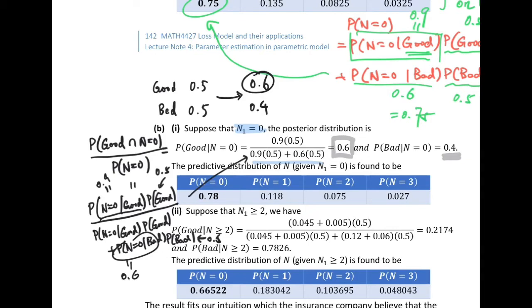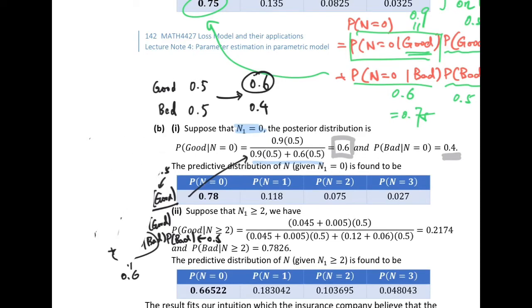Okay, and then here, given this posterior distribution, now you can also use that to obtain your predictive distribution of the n.